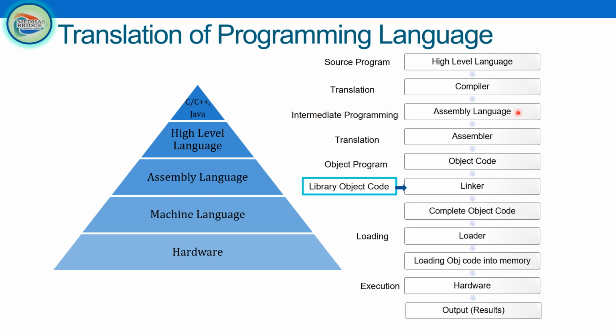It requires another stage of translation to be executed. The assembler translates the assembly language into the object code. The object code and the library object code are linked together by the linker to form a complete object code. After that, the loader takes the object code and loads it into the hardware's memory. The hardware then executes the object code from the memory to generate an output.